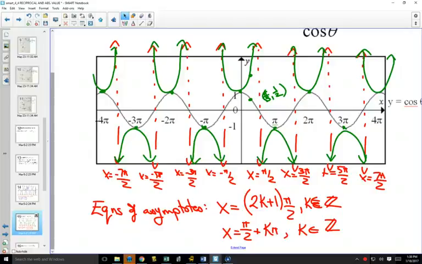There's going to be questions on your exam that say find an equation, and they might be specific and say find a sine equation or find a cos equation for the following graph. But if they're not specific, you could choose whichever one you wanted. But usually they are specific, so make sure you read the question carefully.